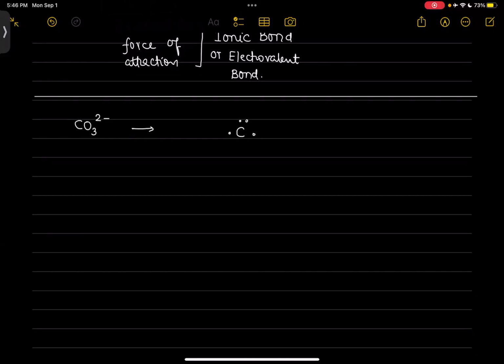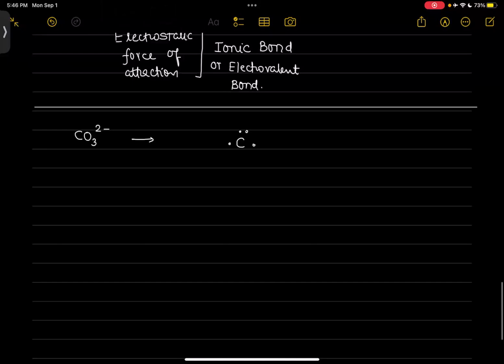Carbonate is -2, right? Yes. That means there are 2 extra electrons. Got it? So take one as an oxygen atom.